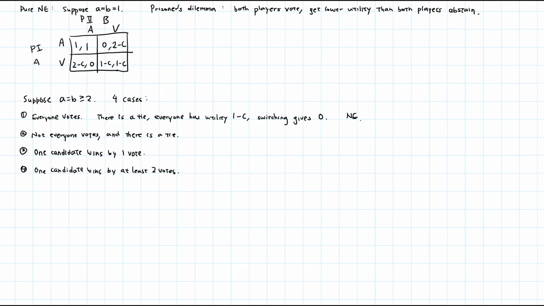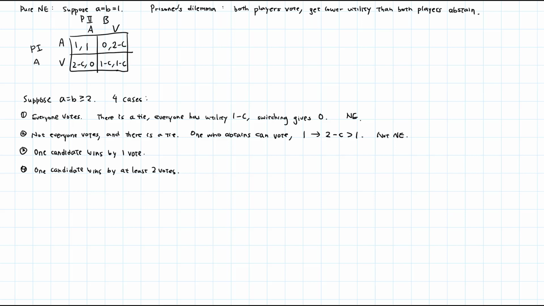In the second case, suppose that not everyone votes and there is a tie. Then one who abstains can decide to vote, which will make their candidate the winning one. So their utility changes from 1 to 2 minus C, which is a better one. So this is not a Nash equilibrium.